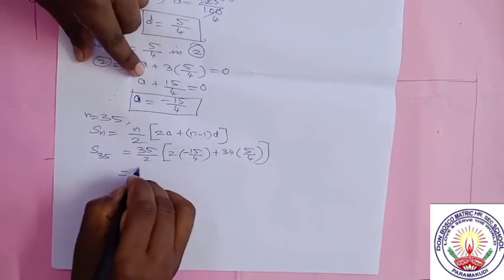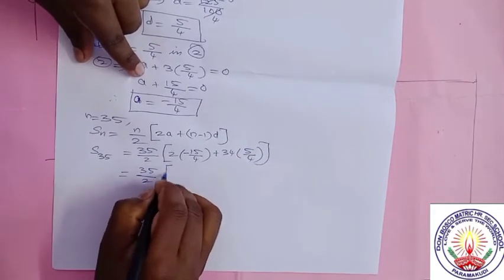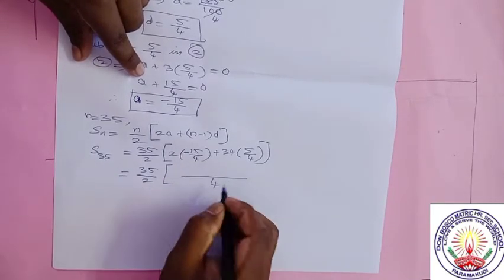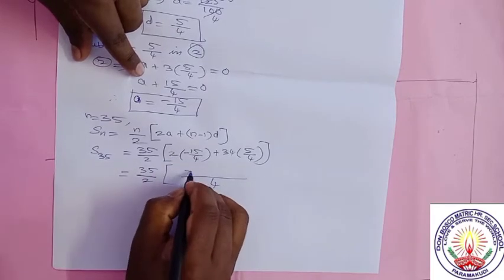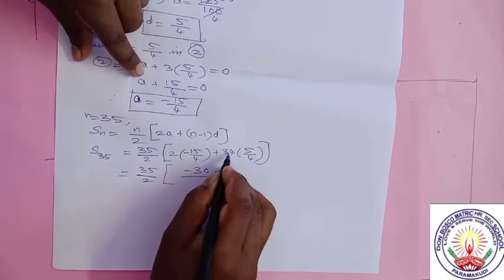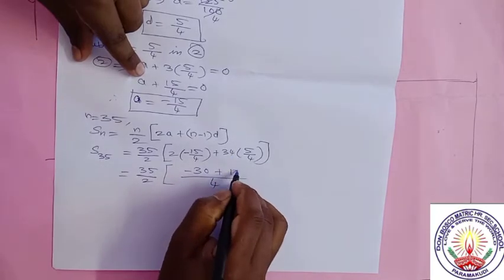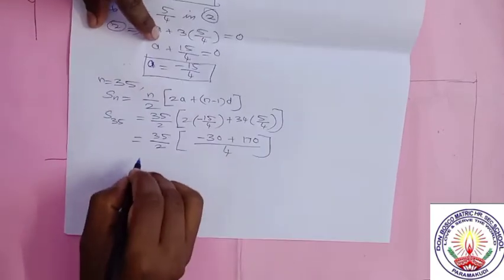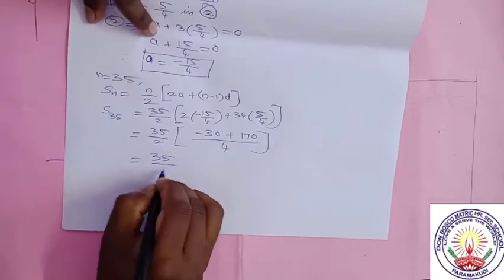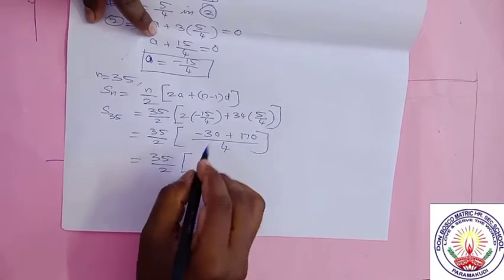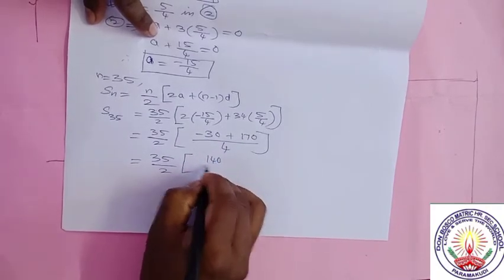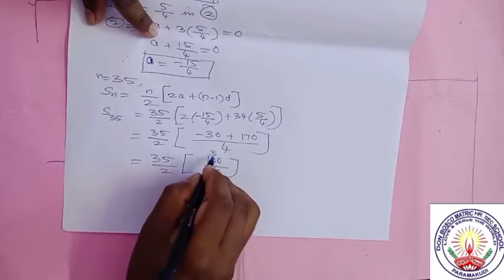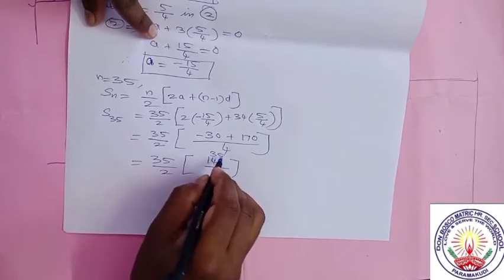Now which is equal to 35 by 2 into, see, both denominators are 4, so let us take LCM as 4. 2 into minus 15 is equal to minus 30, plus 34 into 5, which is 170. Now which is equal to 35 by 2 into 170 minus 30, which is 140, divided by 4. 4 3s are 12, remaining 2, 20, 5 4s are 20.